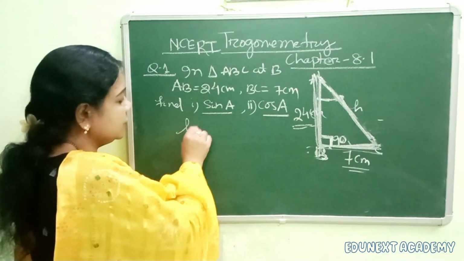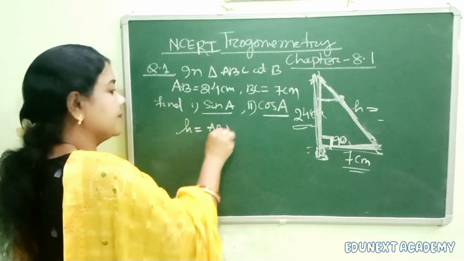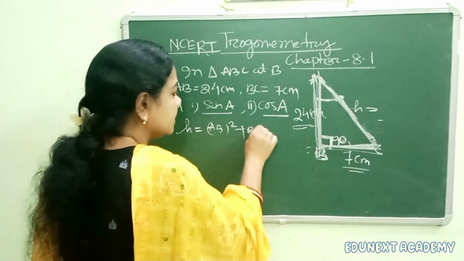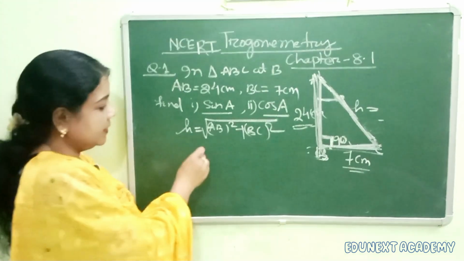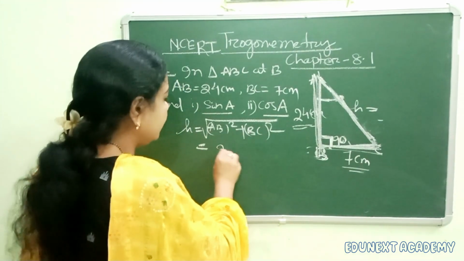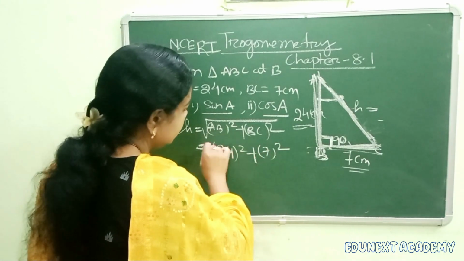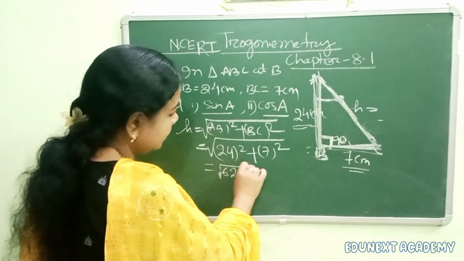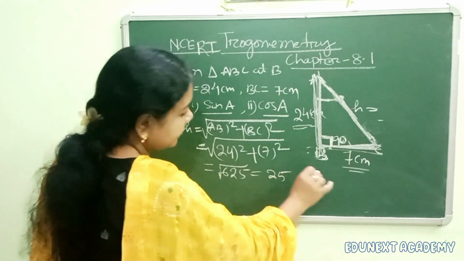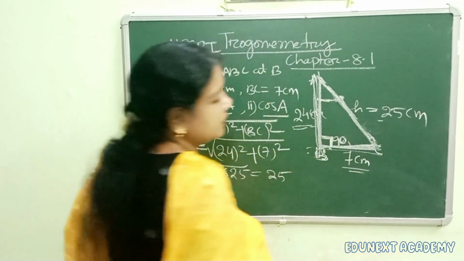So the hypotenuse H is equal to the square root of AB square plus BC square. That means the square root of 24 square plus 7 square. Finally, this is the square root of 625, that is 25. That means the hypotenuse is 25 centimeters.